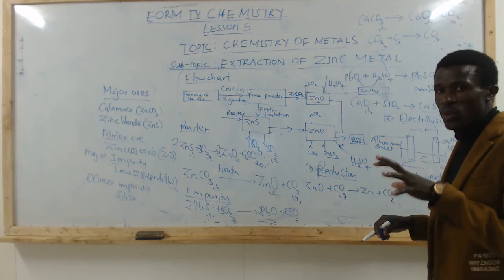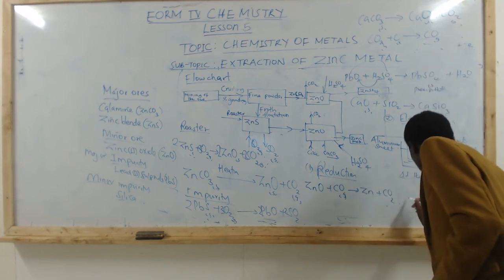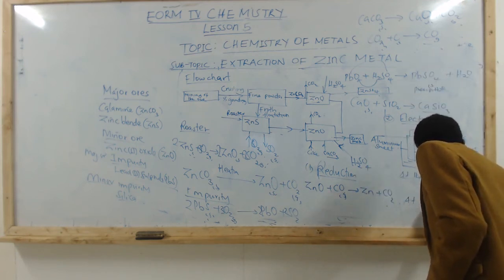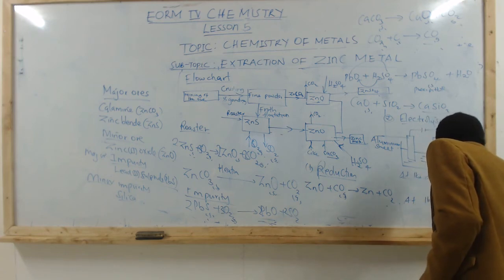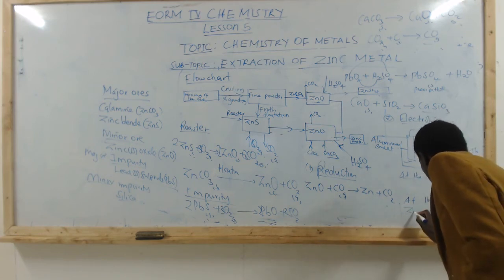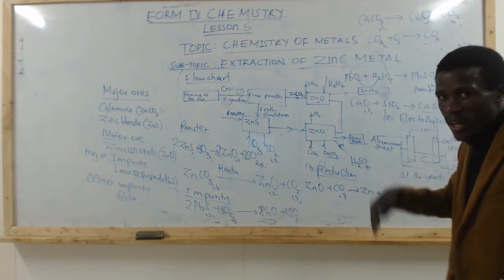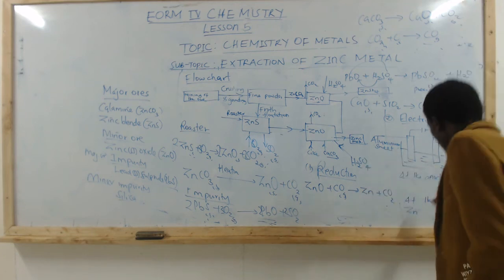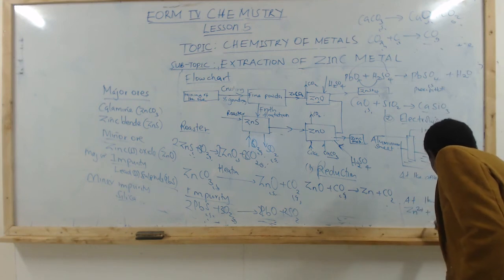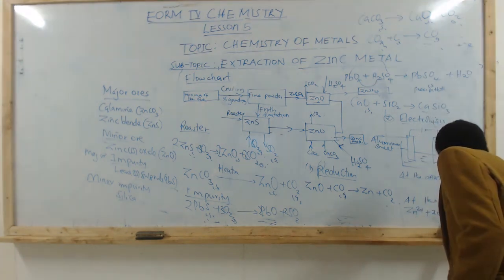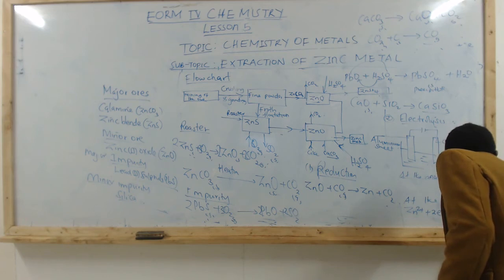So zinc ions will migrate to the cathode. At the cathode, we'll be having zinc ions, because we have zinc ions in zinc sulfate. Zinc ions react with 2 electrons to form zinc metal.